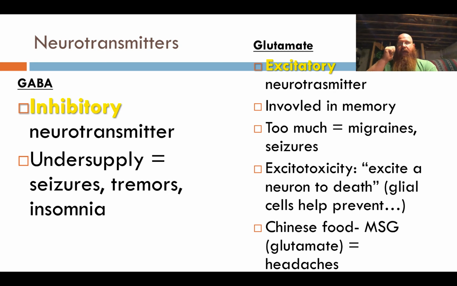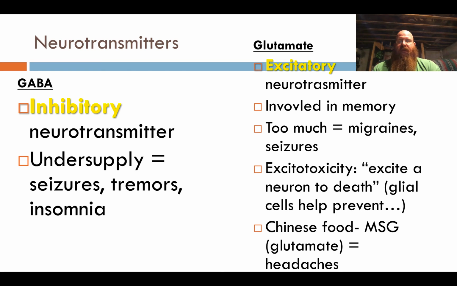Then the cell is activated, and then this message is sent on down. But glutamate is excitatory. What we found is that it is involved in memory. So you've got a lot of this in the memory part of your brain. When you have too much, people have a tendency to suffer from migraines and seizures.